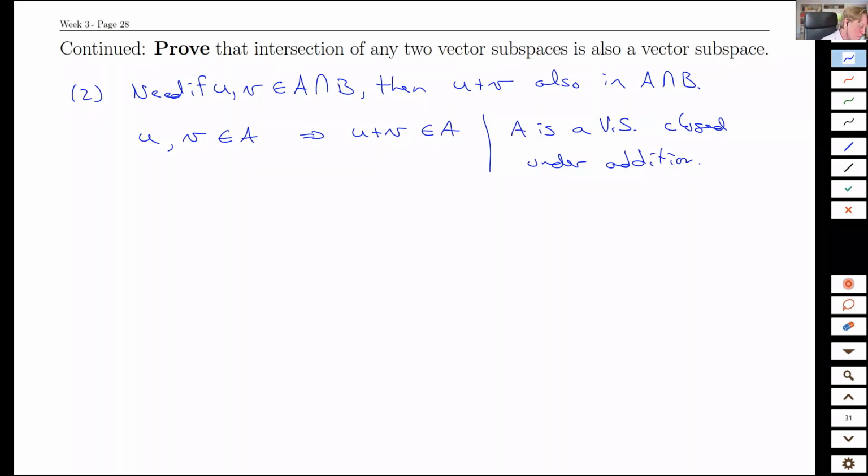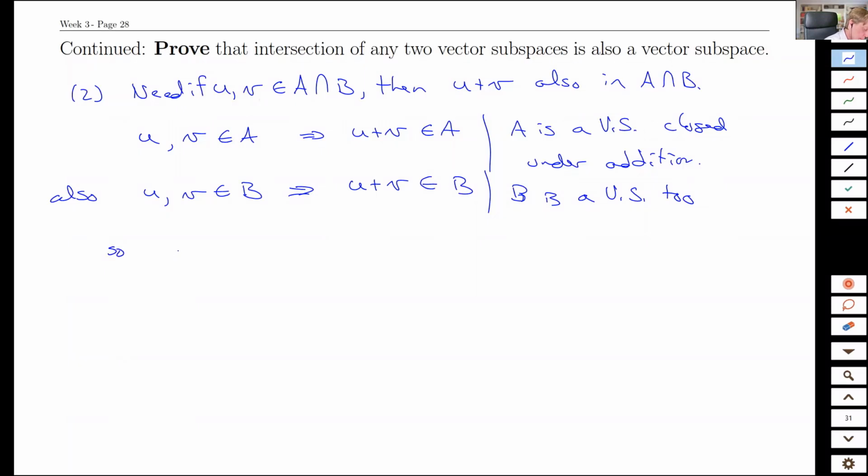That's what we spent our whole time proving before. See where this is going, I hope. Hey, guess what? U and V are also in B because they're both in the intersection. So they have to be in A and B. And of course, B is also a vector subspace or vector space, because B is a vector space.